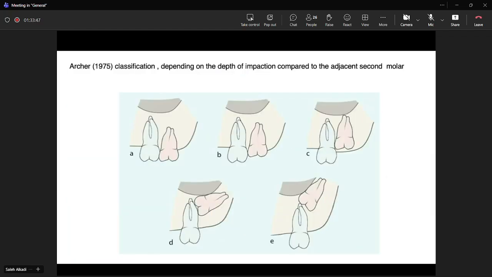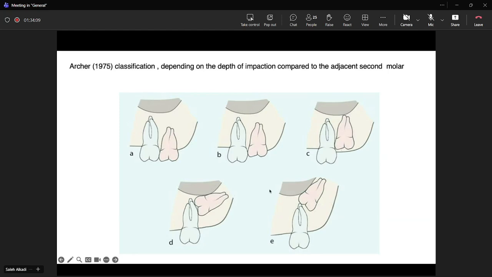Also, Archer classified the impacted maxillary wisdom teeth depending on the depth in relation to the adjacent second molar. Number A, as you can see here, is at the same occlusal level. So it's not impacted anymore. It could be only soft tissue impacted, not bony impacted. Number B, below the occlusal level, above the cement to enamel junction.